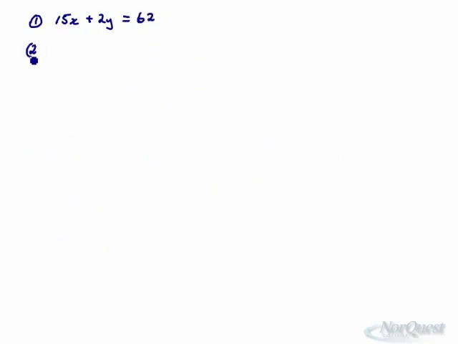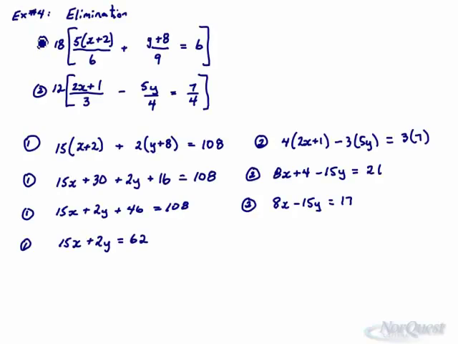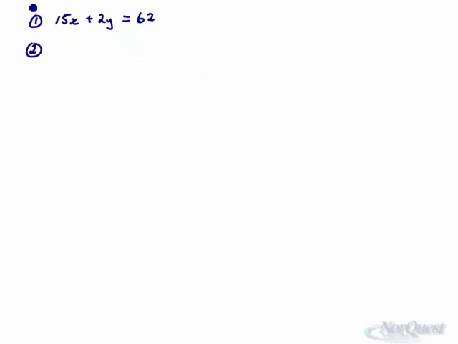Equation 2 becomes 8x minus 15y equals 17. And now you're saying to yourself, well, I don't have any coefficients of 1 or negative 1, and neither one of these have the same coefficients, so I just can't add or subtract.